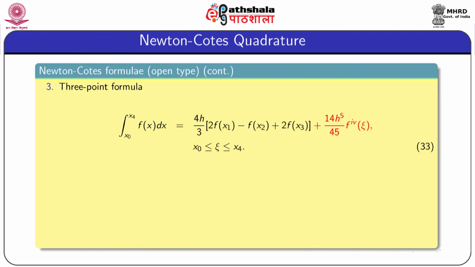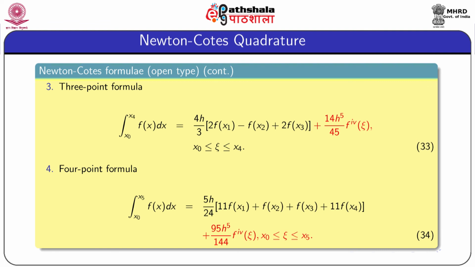The 3-point formula is this one: the integral from x0 to x4 of f(x) dx equals 4h/3 times [2f(x1) - f(x2) + 2f(x3)] plus the error term, which is 14h^5/45 times the fourth derivative of f at xi. That means this formula gives the correct answer for polynomials of degree up to 3. So in this formula also the arguments x0 and x4 are not included. That is why this formula is also known as the open type formula.